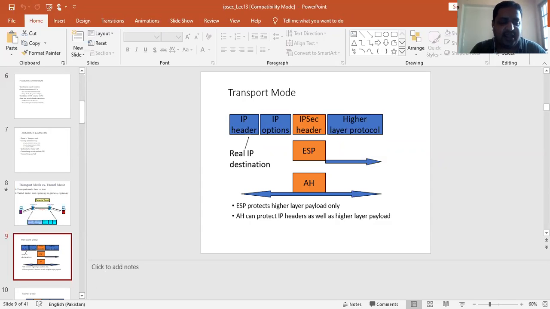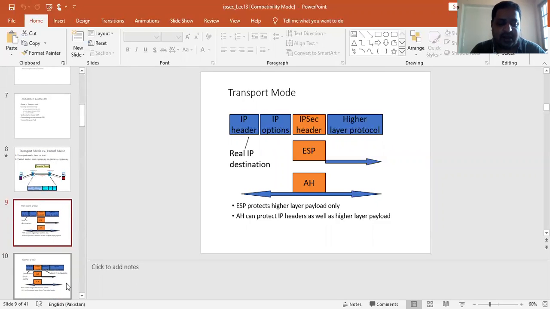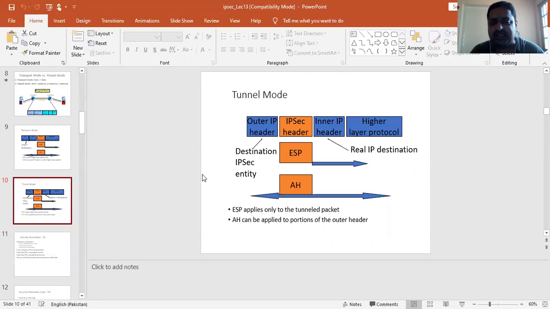So we have some other mode, as we discussed, that is the tunnel mode. The tunnel mode is used to send the data from host to the device, or device to the host, where it could be in the same network. That is why we don't provide the security at this mode.